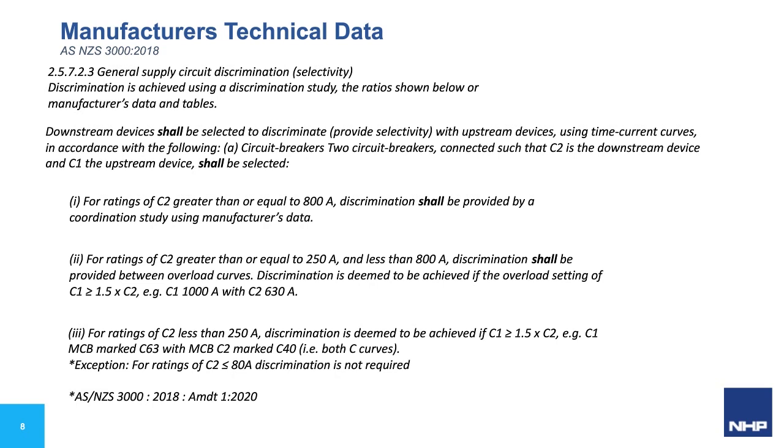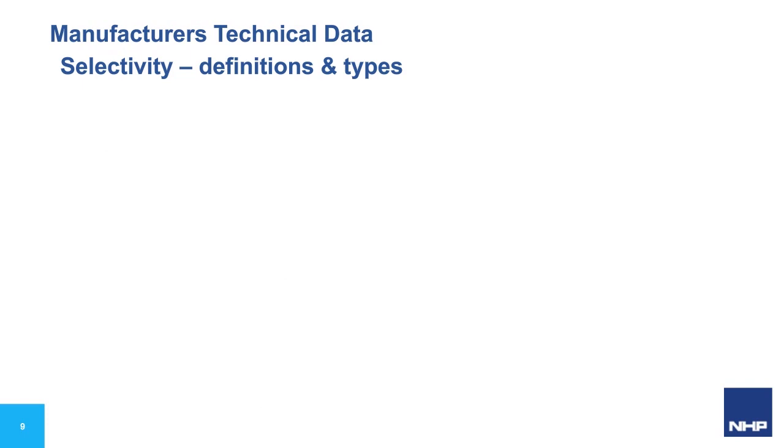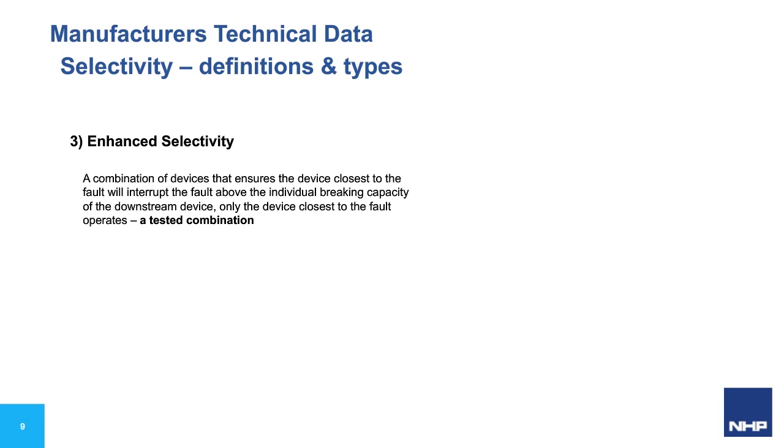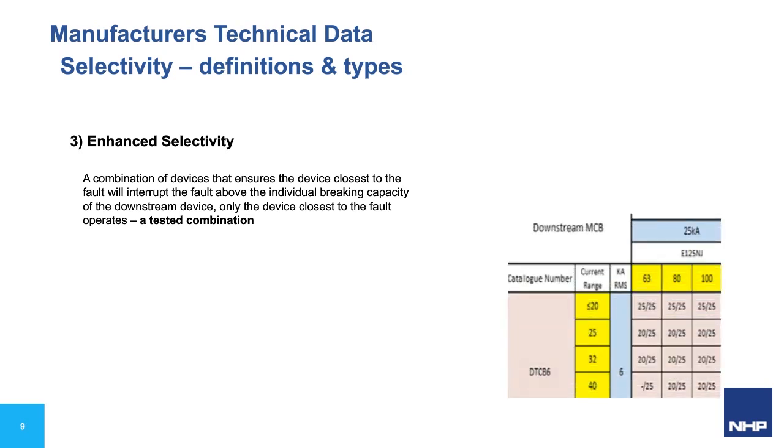Manufacturer's data can be presented in different formats, but essentially the enhanced selectivity and cascade levels for tested combinations of breakers are published. In tables provided by NHP, the selectivity level of the combination appears first, and the cascade level of the two devices appears second.